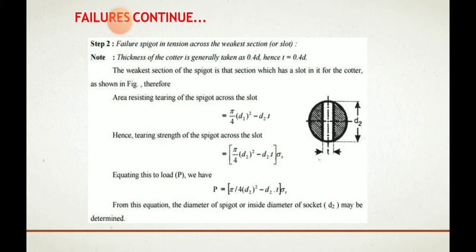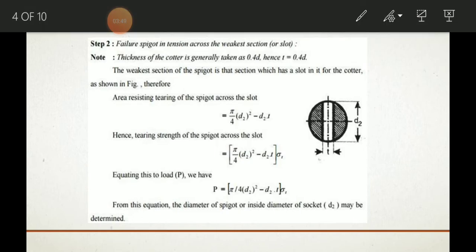The second step is the failure of the spigot in tension across the weakest section of the rod. This is the spigot I have shown here with the outer diameter d2. We have to calculate the diameter of the spigot, that is d2. First we calculate the resisting area, the same as for the first part. The resisting area is pi by 4 d2 square minus d2 into t, where t is the thickness.